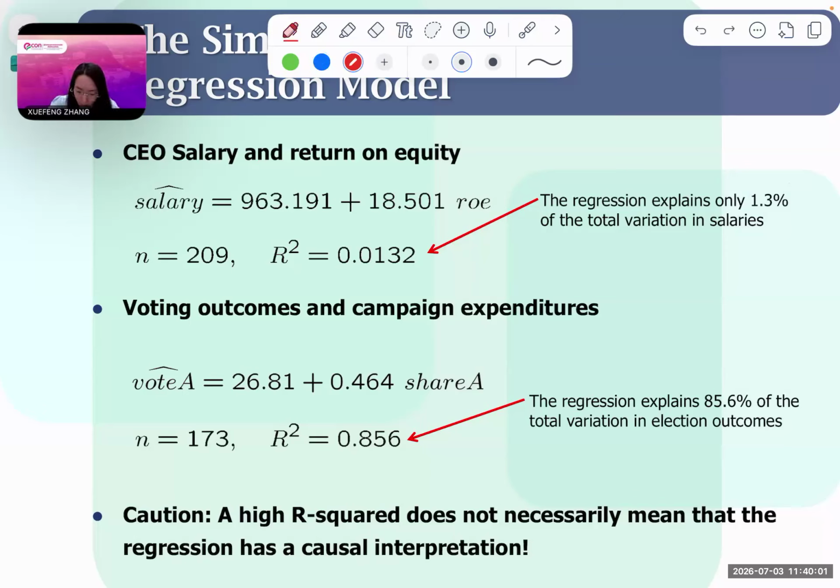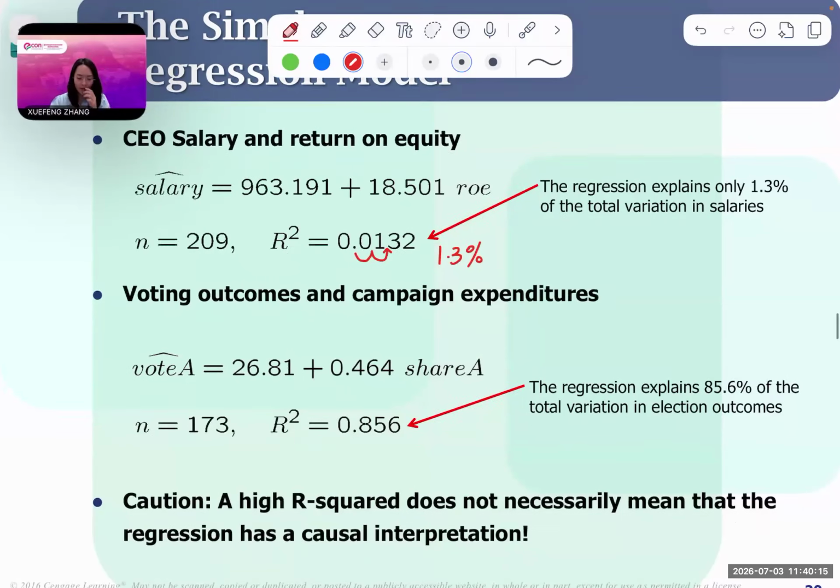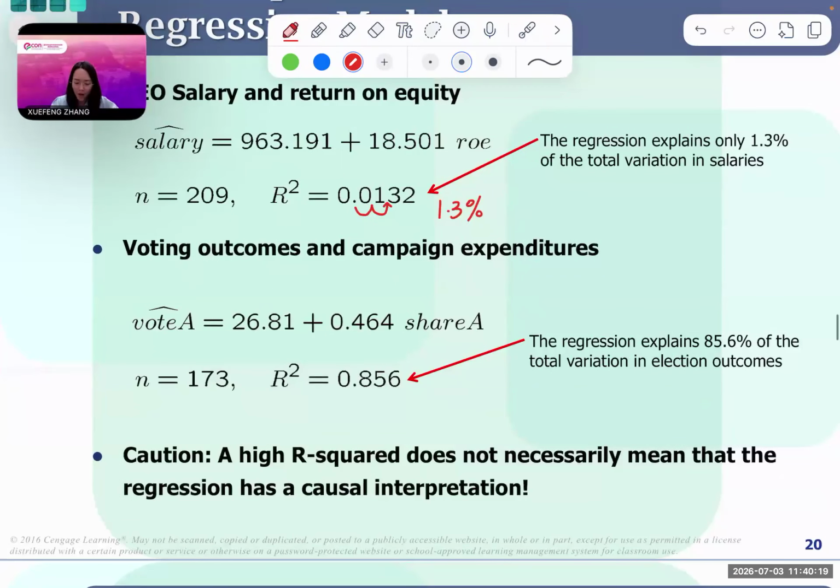Because we need a percentage, you move the decimal point, so you get 1.3%. Next example, voting outcomes and campaign expenditure. Here we have R squared equal to 0.856, which means the regression explains 85.6% of the total variation in election outcomes.